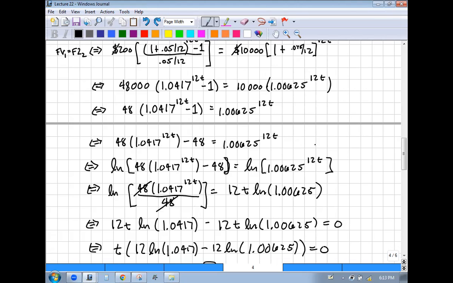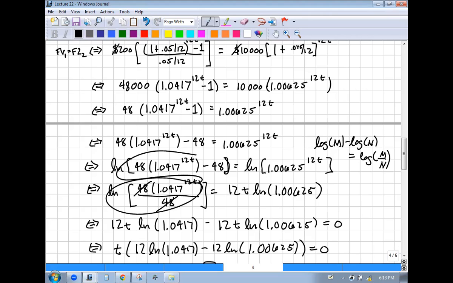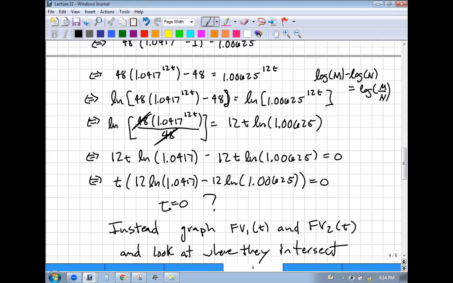And we know that log of m minus log of n is log of m divided by n. So that's what we did from here to here. We just have this and then divide by that. On this side, we just pulled the exponent out. That's legit. We can do that. These canceled. That's okay. And then once we just have natural log of a thing to an exponent, you can pull the exponent out.